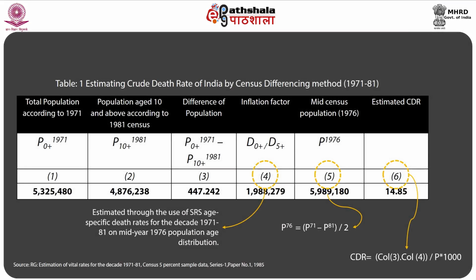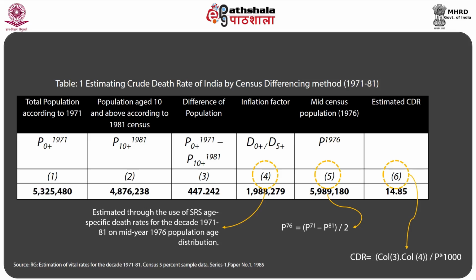Table number 1, estimating the crude death rate of India by the census differencing method, 1971-81. Columns 1, 2, 3, 4, 5 and 6 give you the input for calculating the estimated crude death rate of 14.85. This has been derived from the SRS. In table number 1, column 4 is estimated through the use of SRS age-specific death rates for the decade 1971-81 on the mid-year 1976 age distribution.